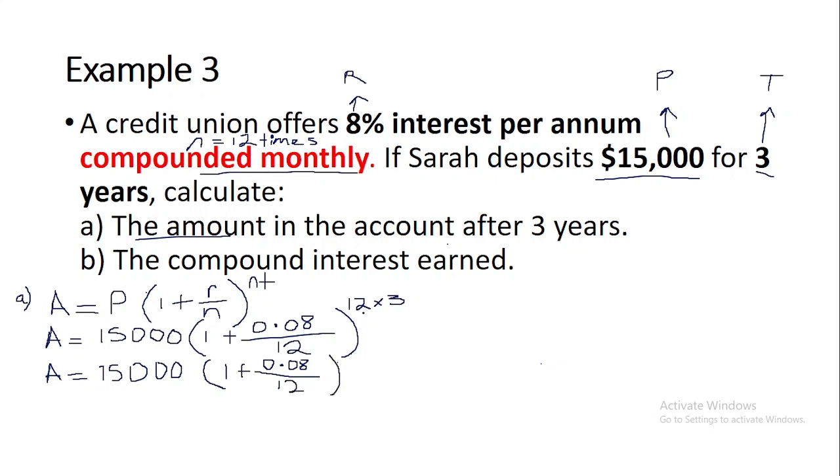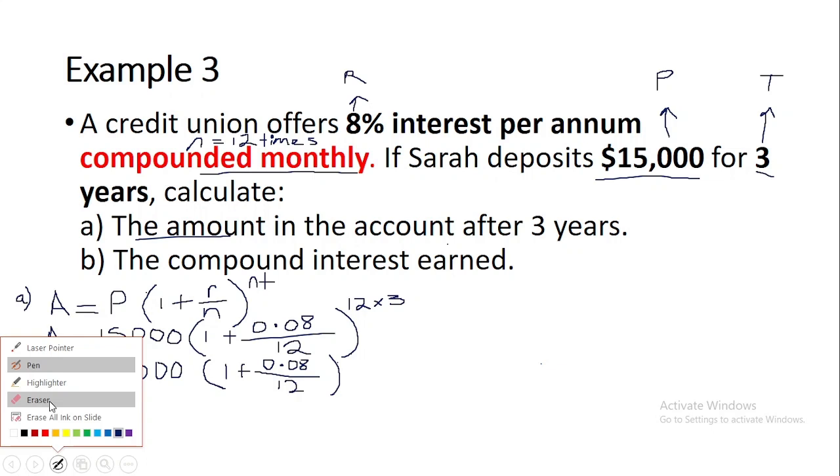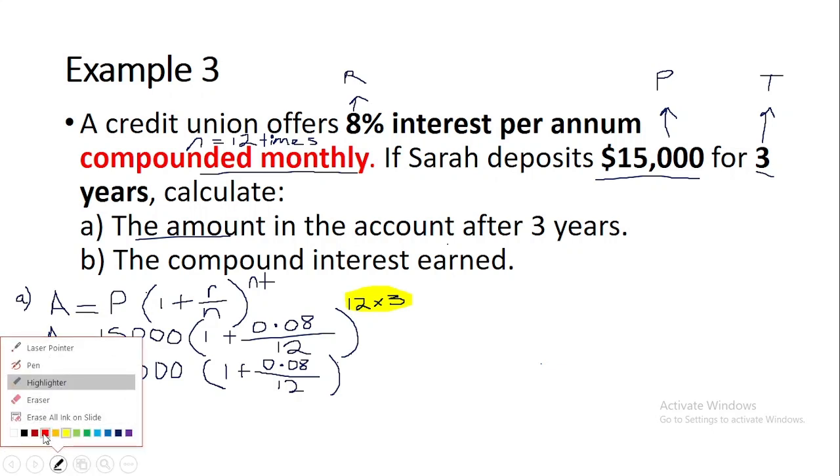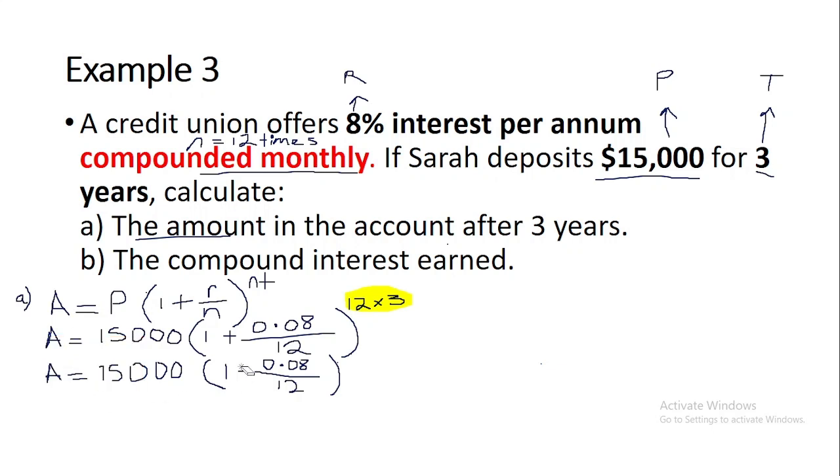So first, I'm going to find out what number I'm going to raise all of that to. You have to multiply these two numbers together to know what to raise it to. 12 times 3 is 36, so we're going to raise it to the power of 36. Let's write that a little bit better: 1 plus 0.08 over 12, raised to the power of 36.